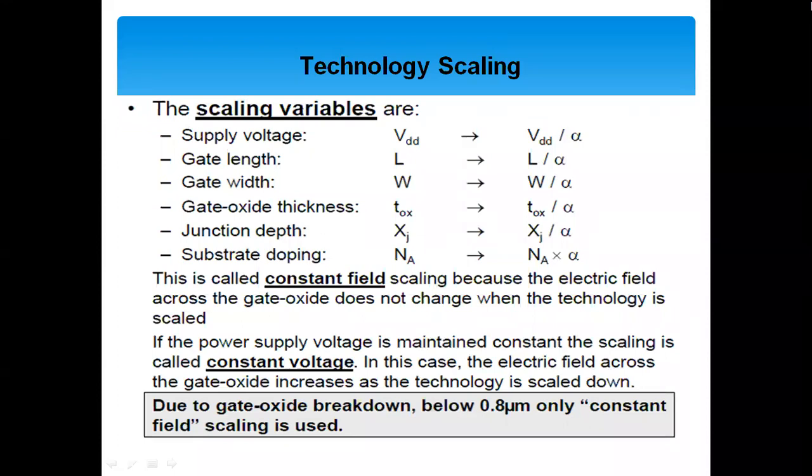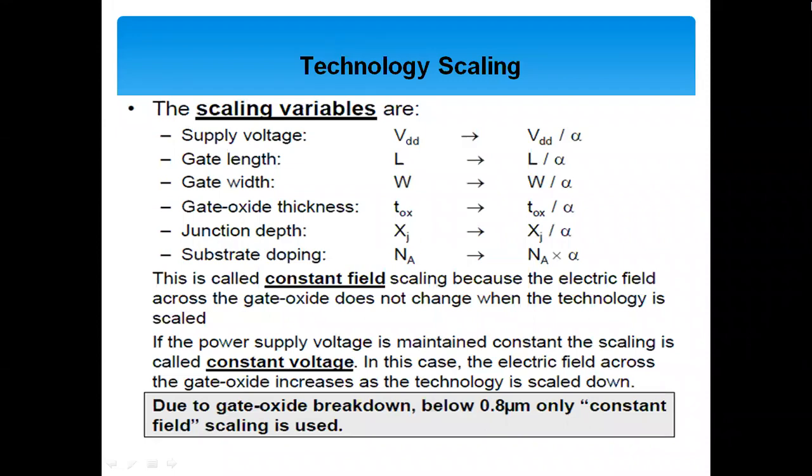So basically there are two types. By changing these variables, it is constant field scaling, which means the voltage across the gate oxide does not change, right? But if you keep the voltage constant, then the electric field, nothing but the voltage across the gate oxide region, increases as technology is scaled down.